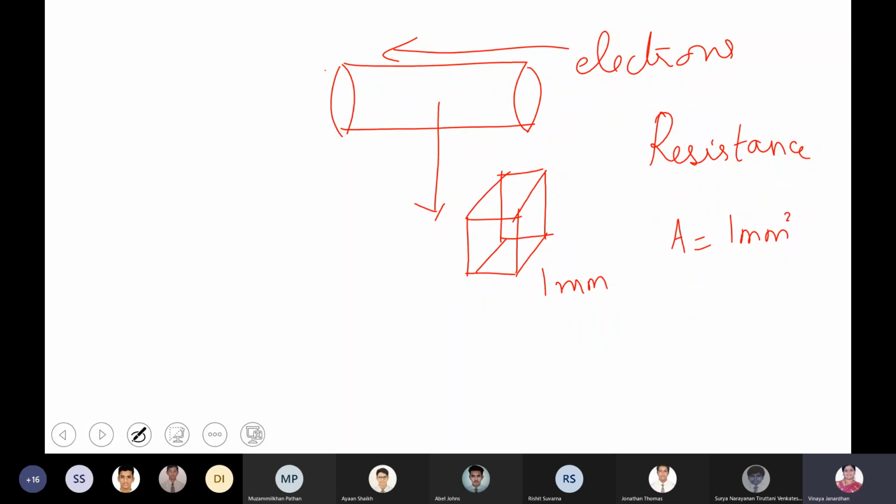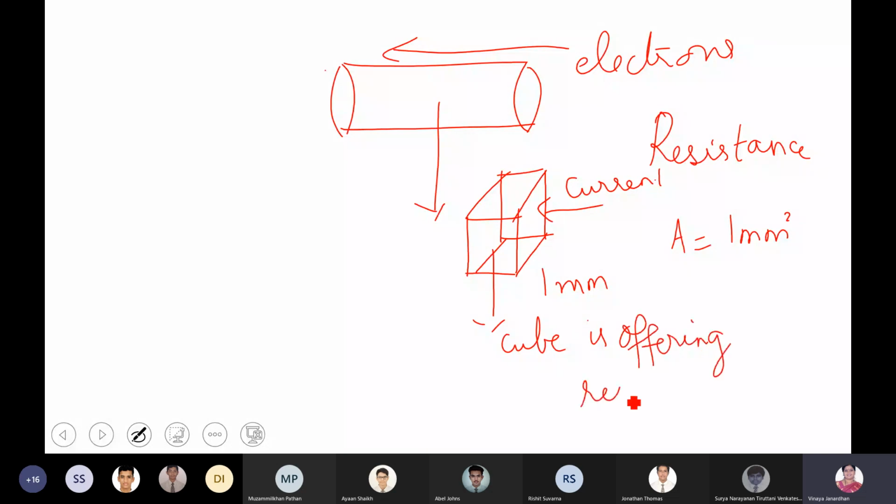Now, when current or the electrons pass through this cube, it offers some resistance, and that resistance is called resistivity, what we call specific resistance.